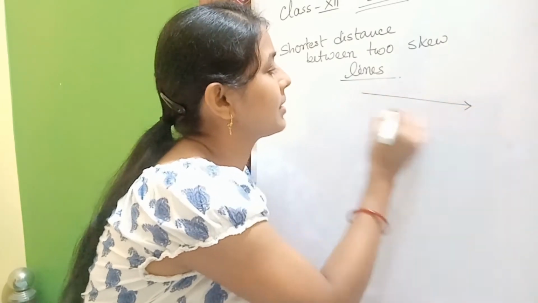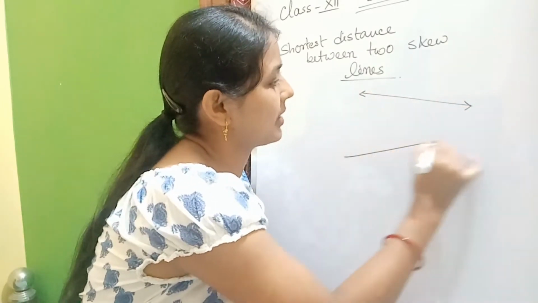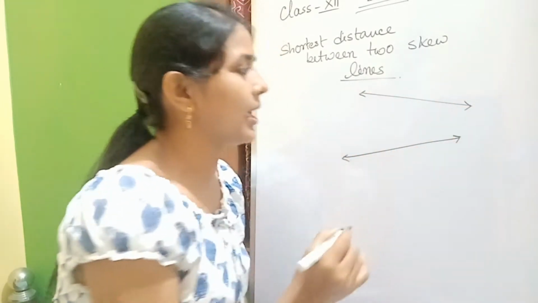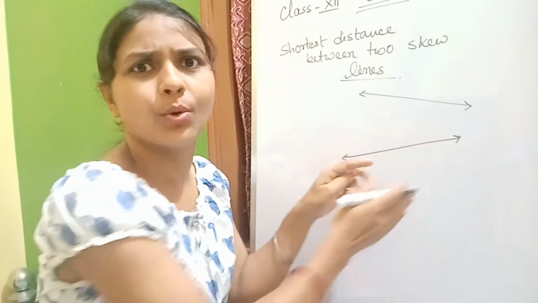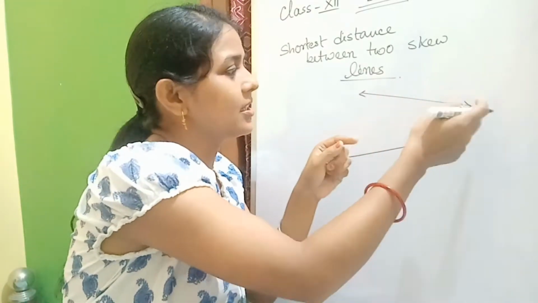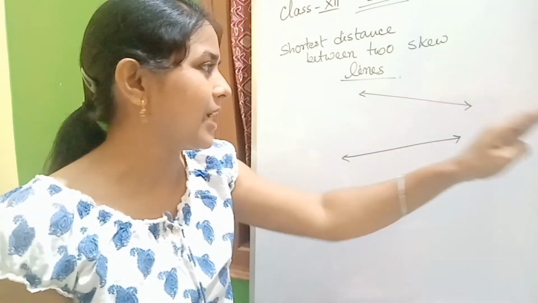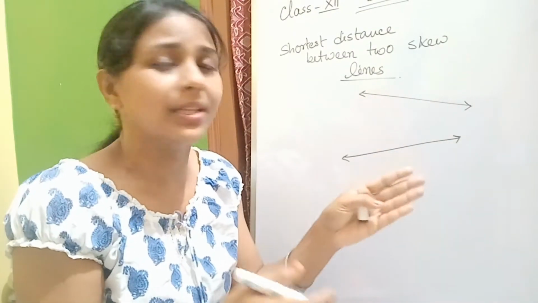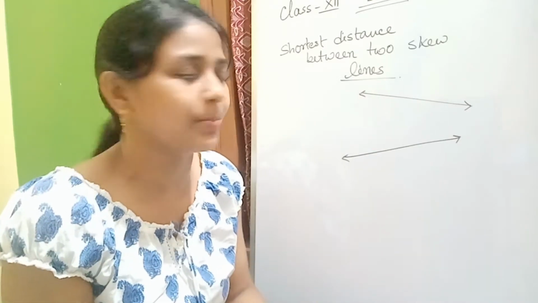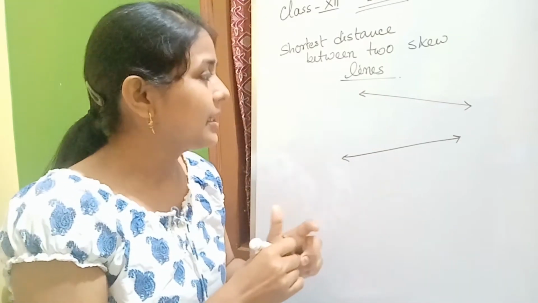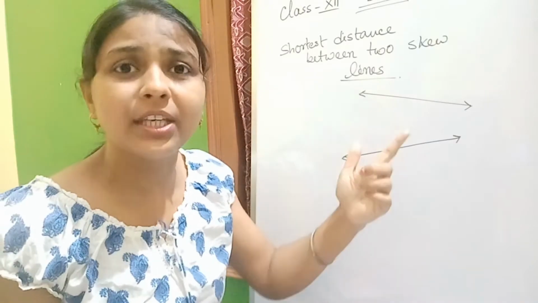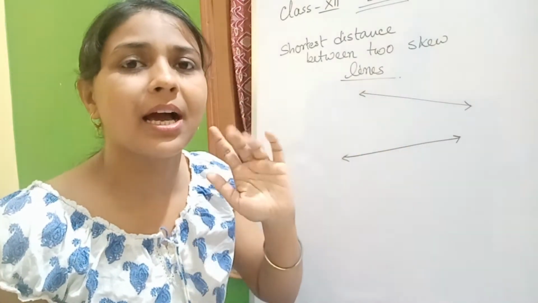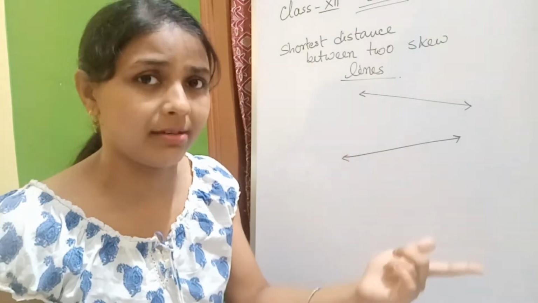Suppose this is a line and this is another line. Don't think they are going to intersect; they will not be intersecting anywhere. These two are skew lines because they are non-coplanar.